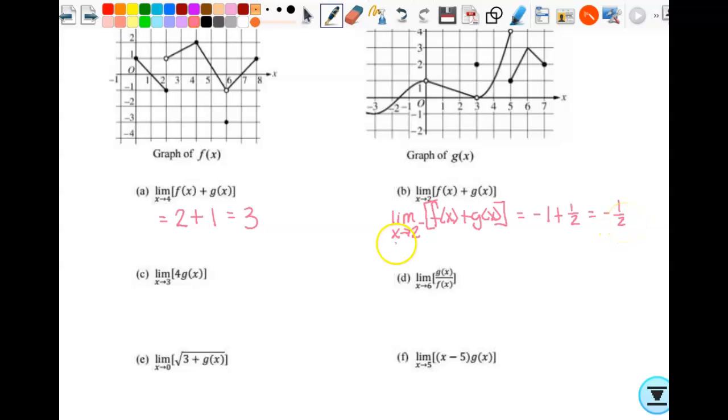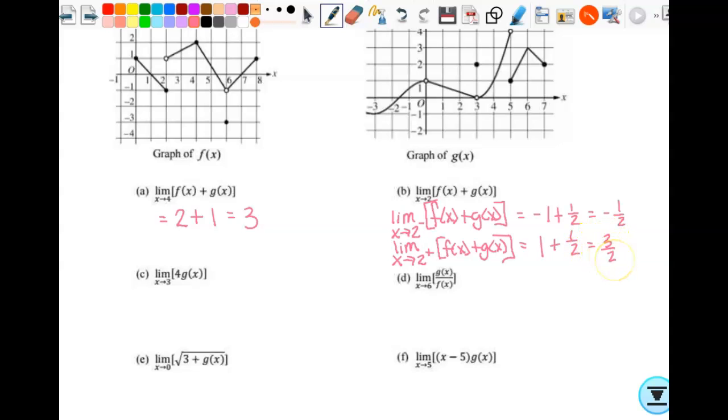Then we have to do the limit as x approaches 2 from the right of f of x plus g of x. And 2 from the right, I'm approaching 1 for f, and 1/2 for g, and that's 3/2.